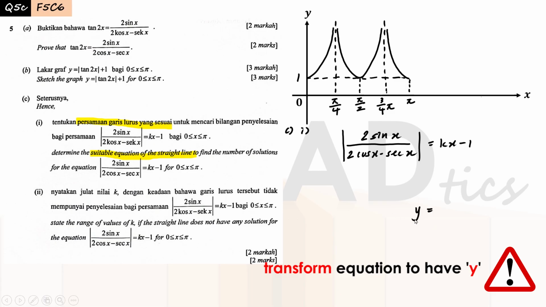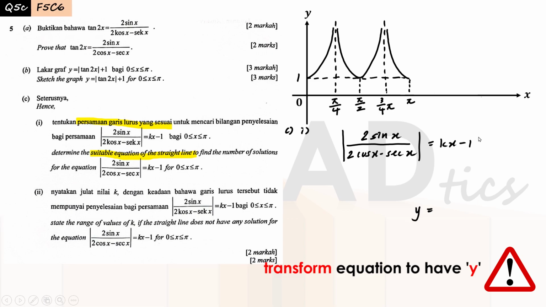This y is from part B. So essentially, we need to transform this thing to become something like this, then only change it to y. And this y would be the suitable equation of a straight line.